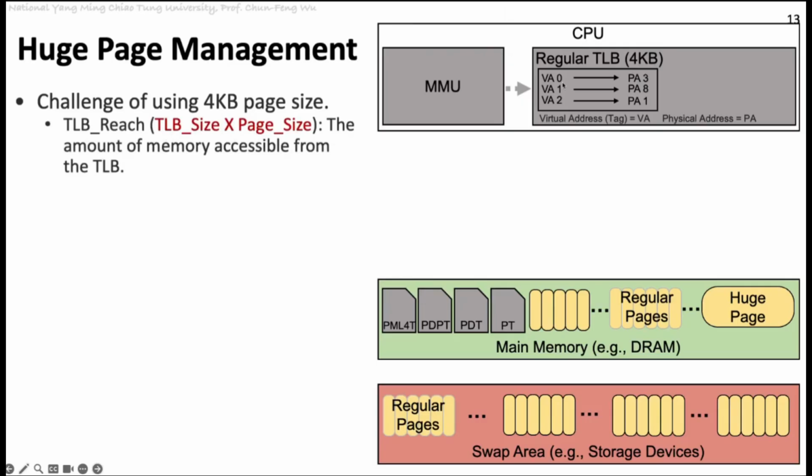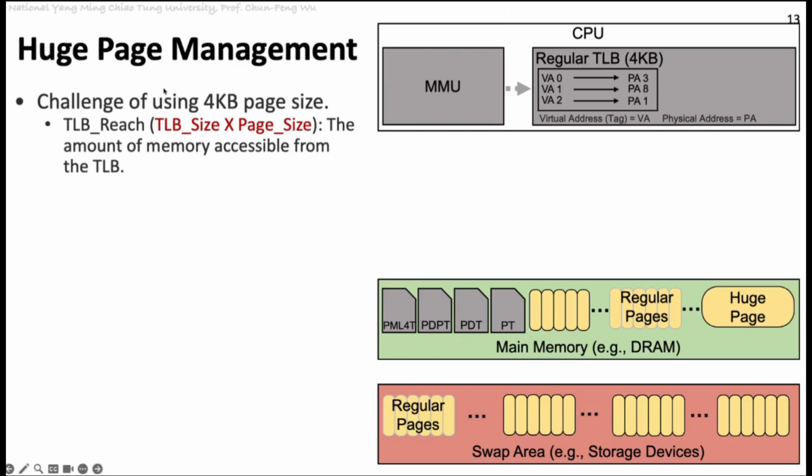Because the TLB size is fixed, for example, in prior Intel CPUs you can only have something like 1,186 TLB entries in the CPU. So let's say you have 1024 TLB entries here. If your page size is 4 kilobytes, then you can only reach 4 megabytes of memory, because one entry covers one page.